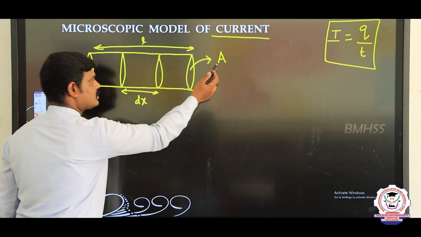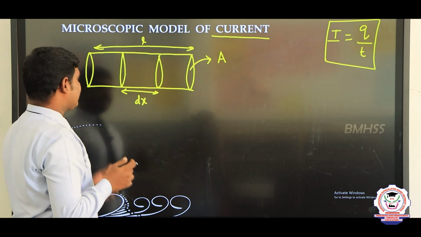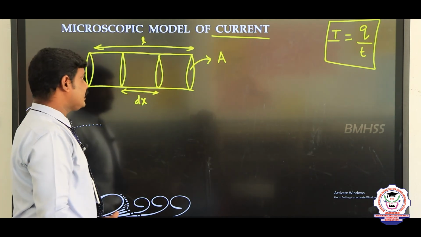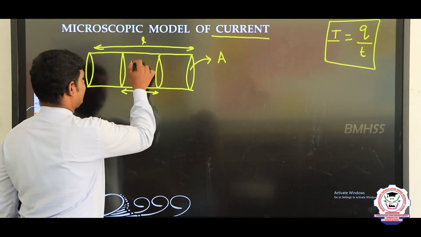The area of cross section is A, the total length of the conductor is L, but I consider the small length dx. Here n number of free electrons are present.